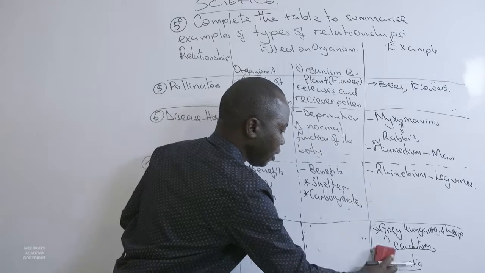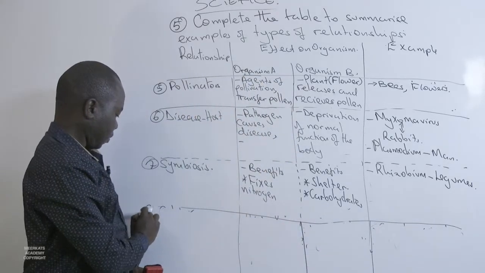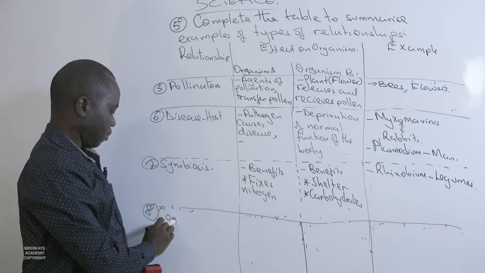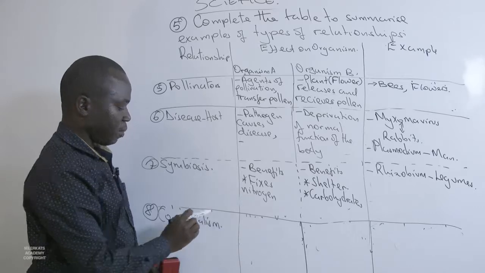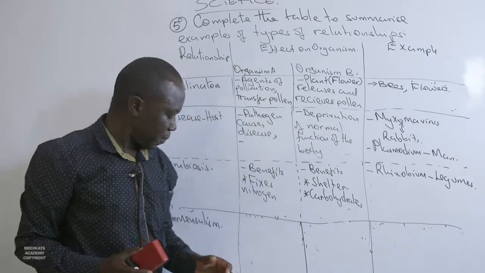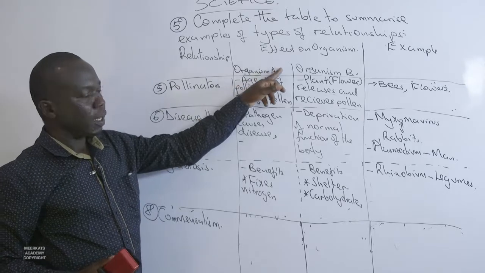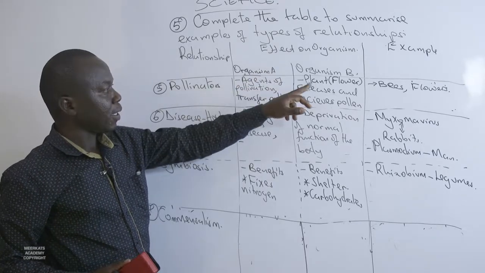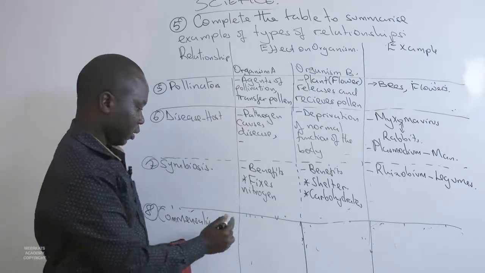Then we had commensalism. We said in commensalism, one organism A will gain, but the other organism B neither gains nor loses.